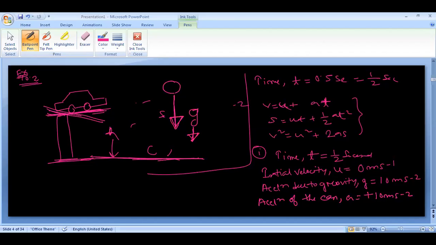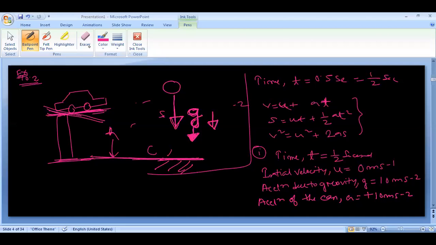The body is attracted by the earth with a gravitational force and falls on the ground with acceleration due to gravity g, which is always, remember, acting towards the ground. That means it always acts downward. So downward we have to take plus. Understand?